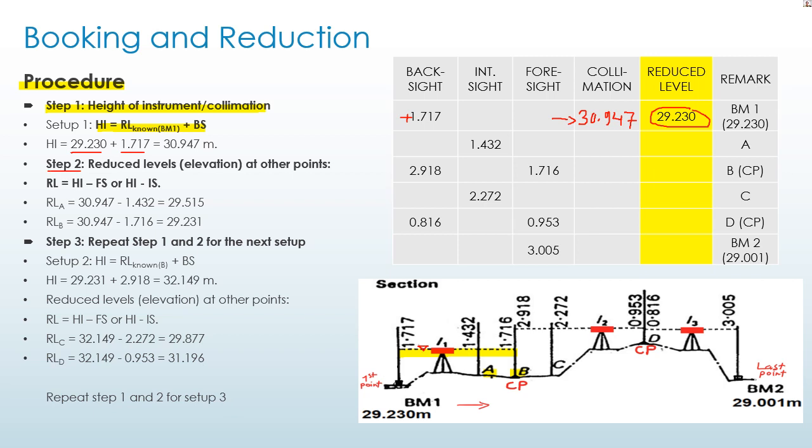Step number 2. Reduced level of the next point equals height of instrument minus the reading at that point. So now we need to calculate for point A, and you haven't known the reduced level here. So use the height of collimation minus the reading at that point. So that gives you the results: height of instrument minus the reading, 29.515.